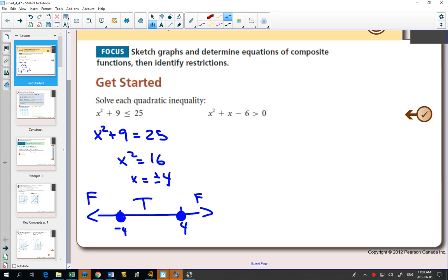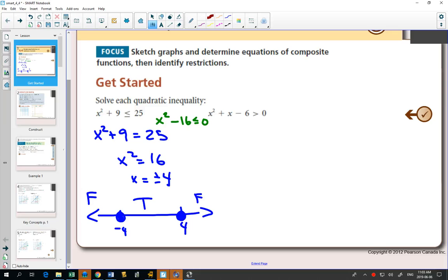I could have moved this 25 over at the beginning. Would you agree that this equation is the same as that equation? Do you remember the rules for inequalities? When do you flip the sign of an inequality? When you multiply or divide by a negative number.